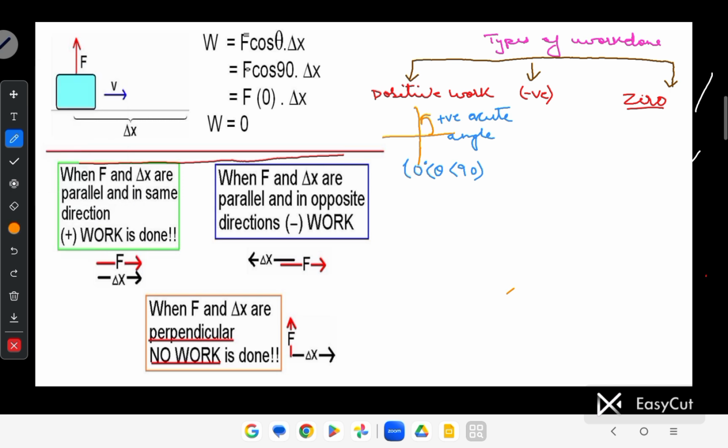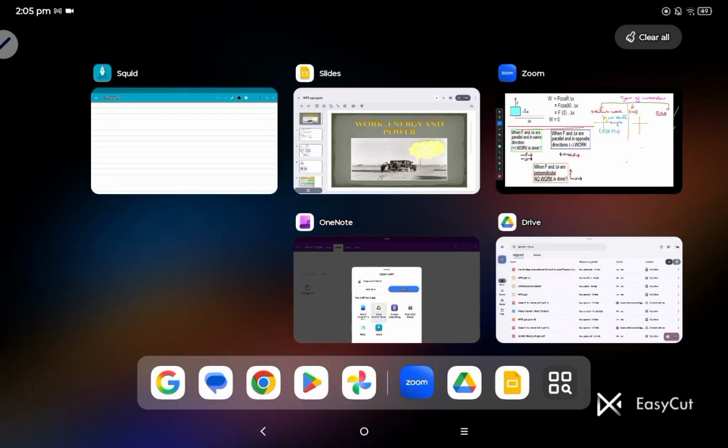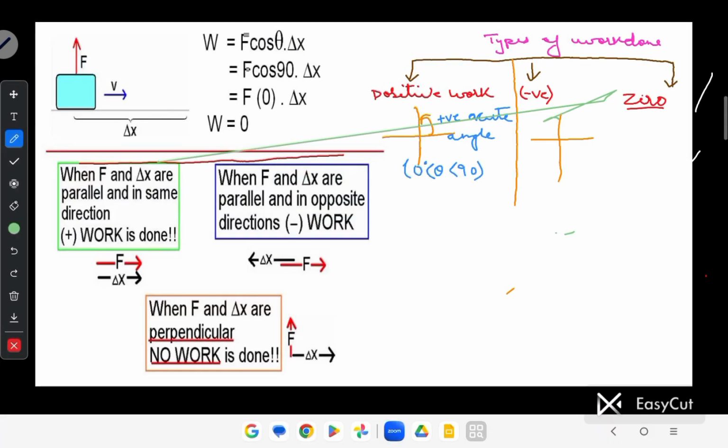for negative work done, let me draw a separation over here. If it is in the second quadrant, when it is coming from 90 to 180 degree, this is the second quadrant.